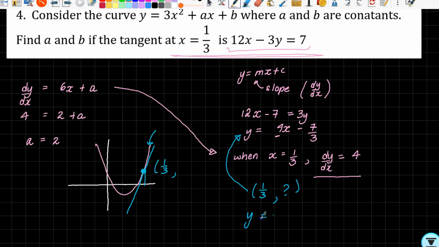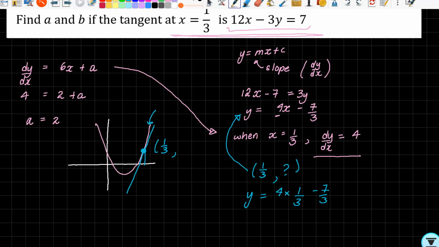So I'm going to substitute 1/3: 4 times 1/3 is 4/3, take 7/3. All right, 4/3 take 7/3 is minus 3 over 3, which will be minus 1.